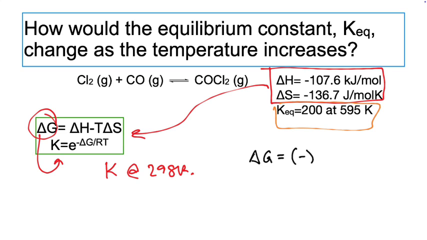If I have a negative delta H, what value is my temperature always going to be? Positive. It's always going to be a positive value, so I can drop that from it, and my entropy will be negative. So this is negative plus my temperature. What did we just walk through?